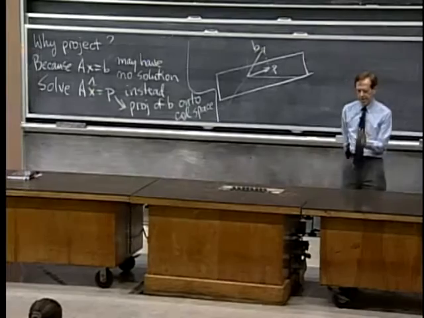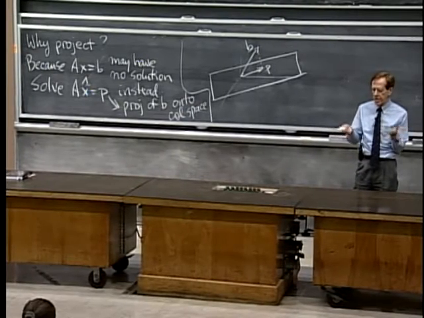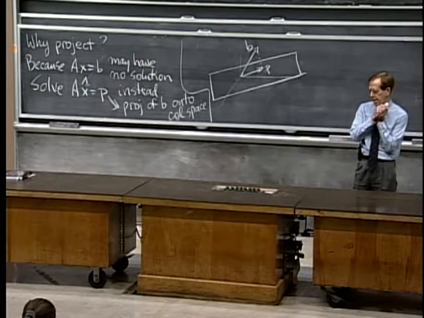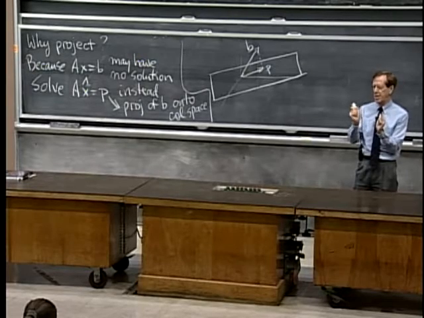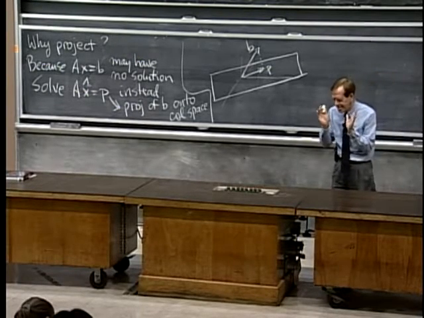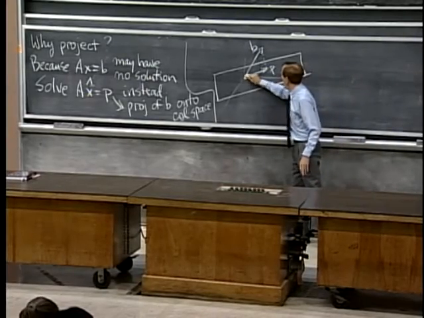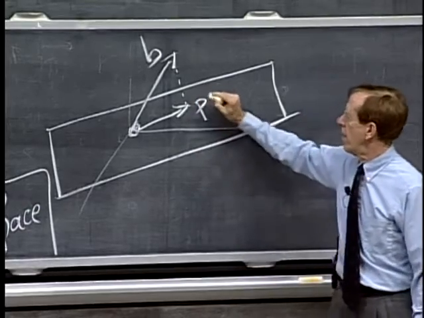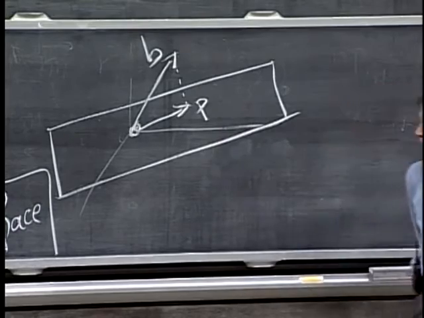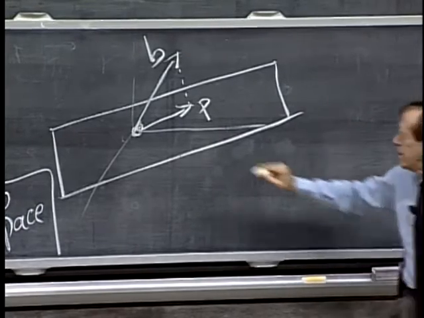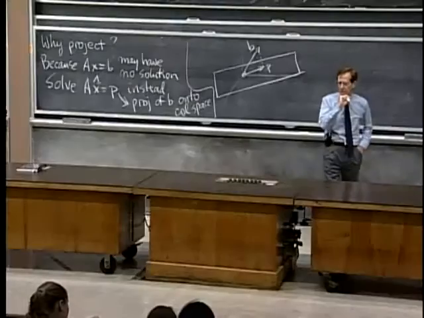How do I project a vector? What I'm looking for is a nice formula, and I'm counting on linear algebra to just come out right. A nice formula for the projection of b into the plane, the nearest point. So again, a right angle is going to be crucial.